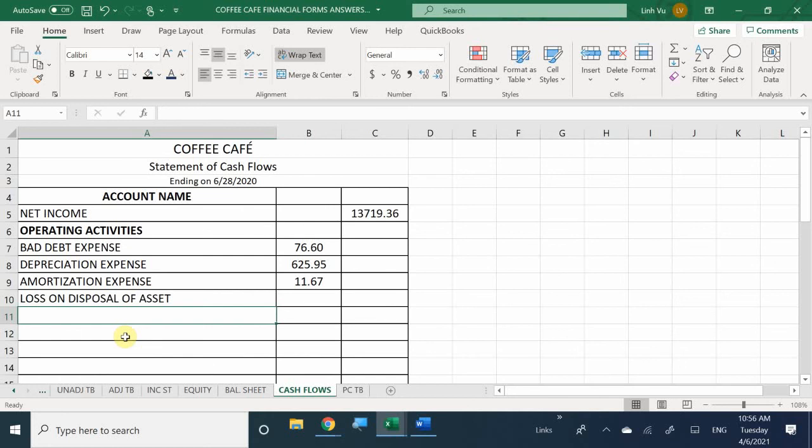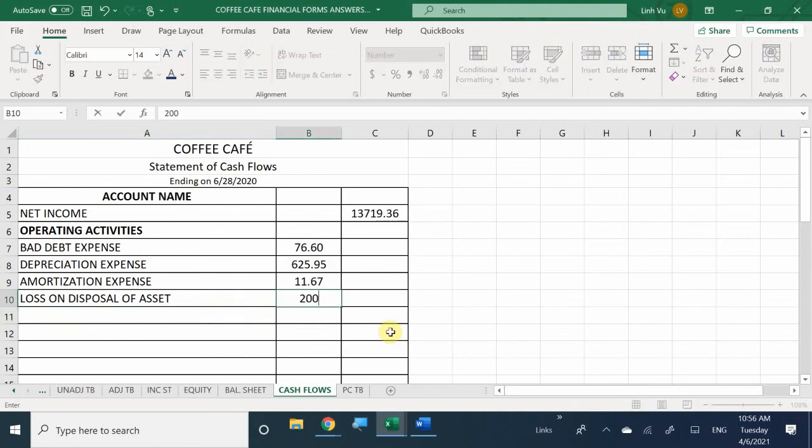So we have to add it back in here, because this is $2,000 that we don't have, or that should be there but isn't. All right, those are the main non-cash transactions.